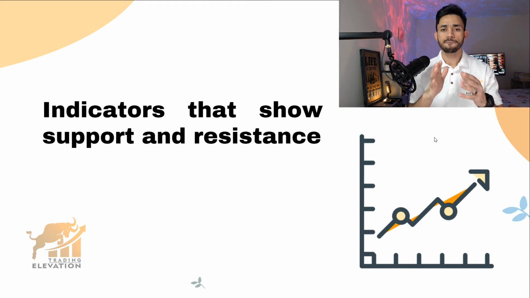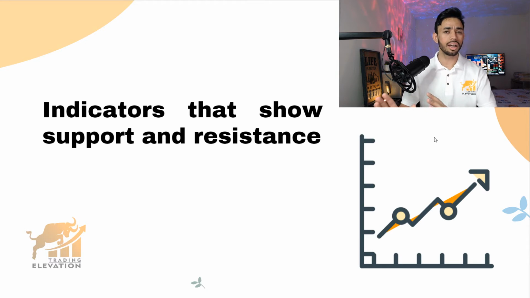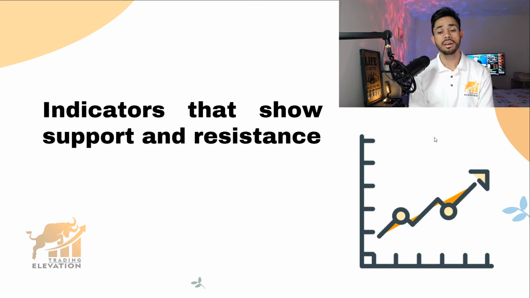Now, indicators that show support and resistance. First of all, I do not recommend using indicators for identifying support and resistance, or I would say I do not recommend indicators overall, just a select number of indicators. But overall, do not rely on these indicators. But there are some that could simply show support and resistance. A very famous one is the moving average. So usually there are different views on using moving average.